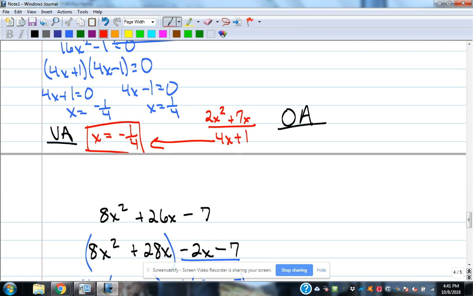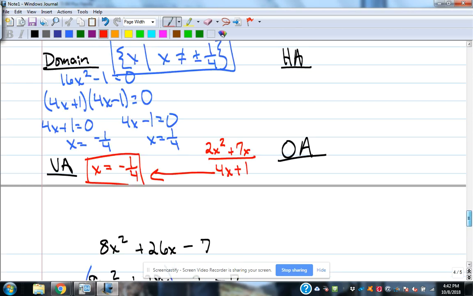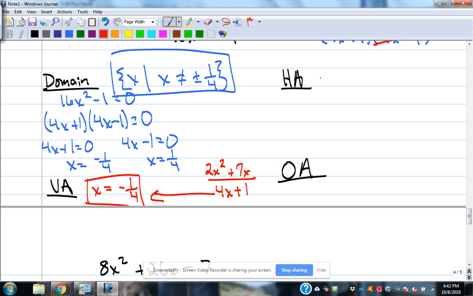The degree of the denominator is 1. So that means the top is how much more than the bottom? 1 more. So that means we have what kind of asymptote? Oblique. So we don't have any horizontal asymptotes. We have an oblique asymptote.